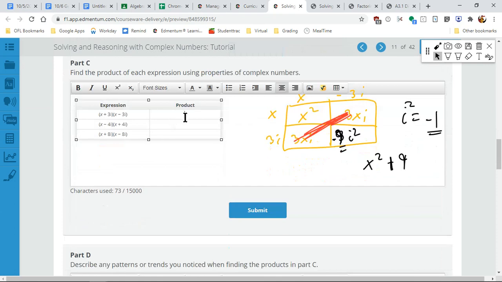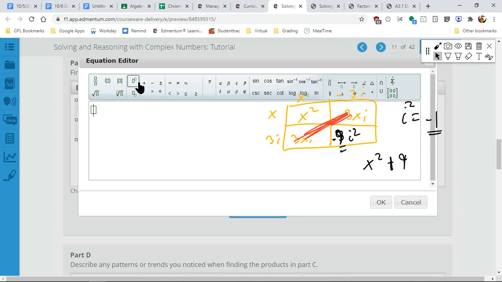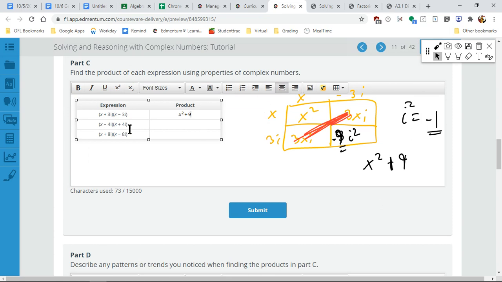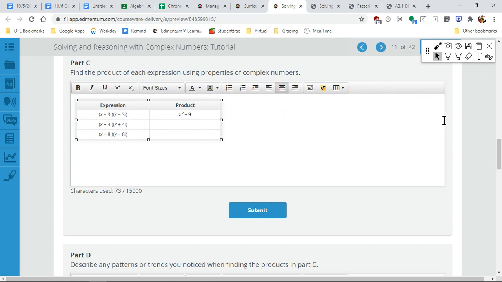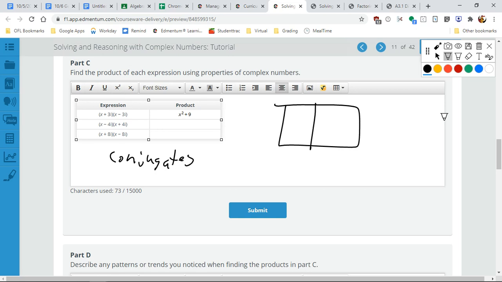So let's just write this out. We're going to get x squared plus 9. All right, cool. And now we're going to do it with 4. We can kind of guess what's happening here. Now that we have conjugates, we're going to see that the i's disappear.